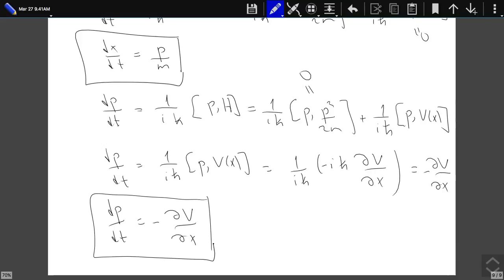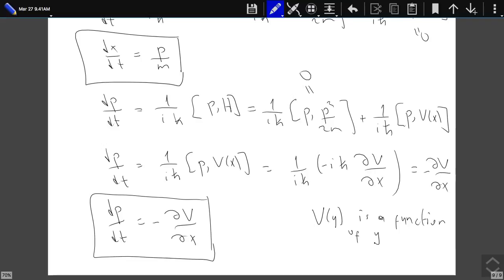First of all, we have to specify what we mean by this derivative with respect to an operator. It's not really a derivative with respect to an operator. You see, V is a function, let's say V of y. y can be a number or an operator.